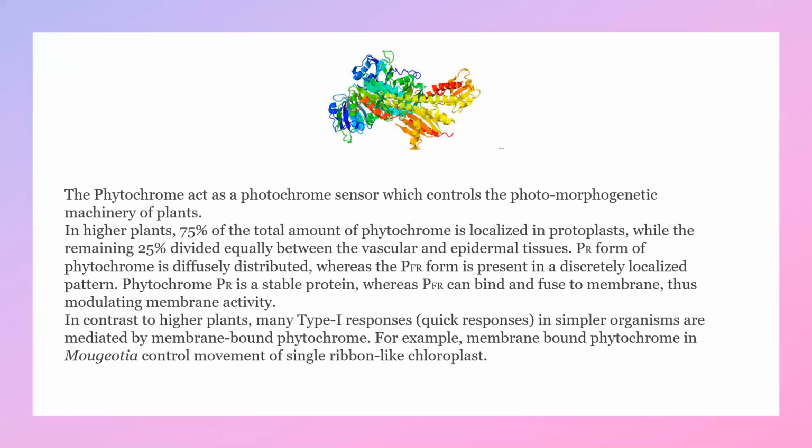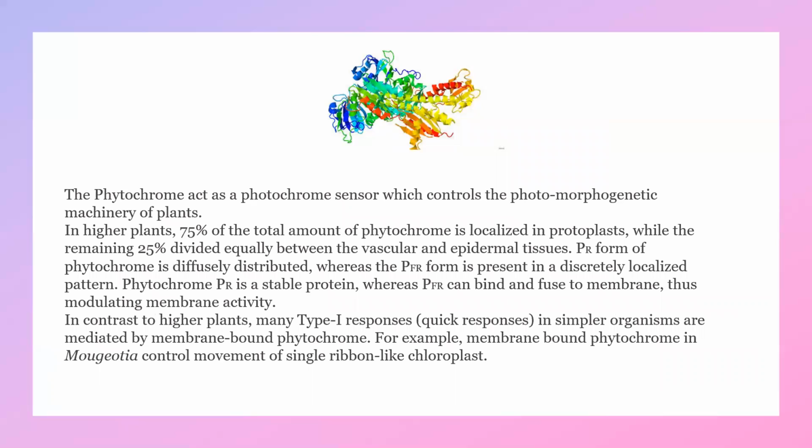In higher plants, 75% of the total amount of phytochrome is localized in protoplast. 25% is equally divided between vascular and epidermal tissues. PR form is distributed diffusely and PFR form is present in a discrete localized pattern.